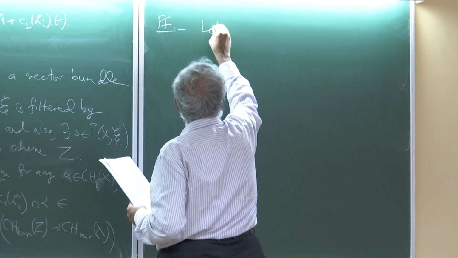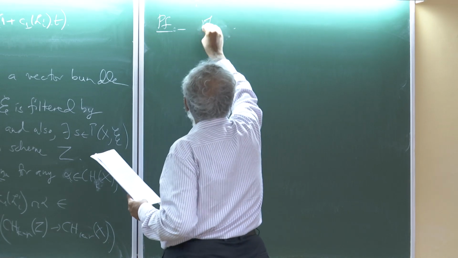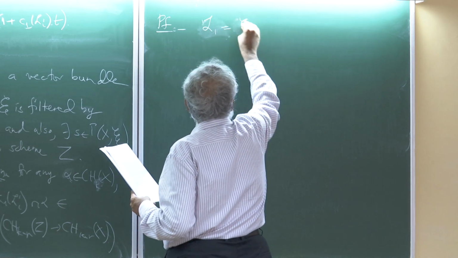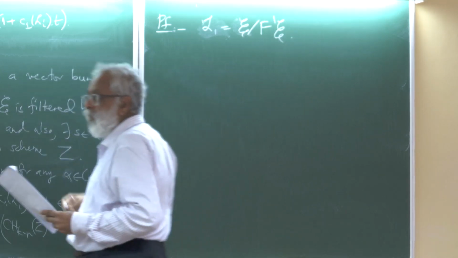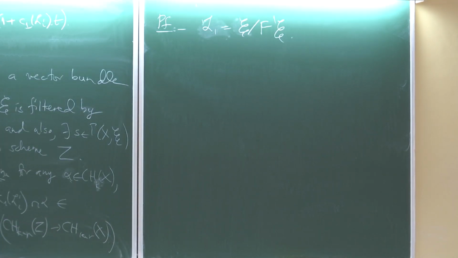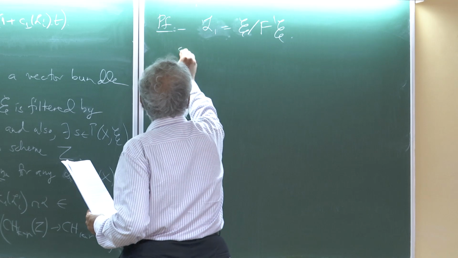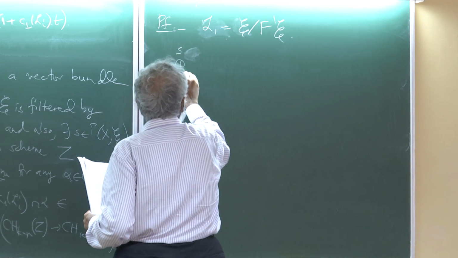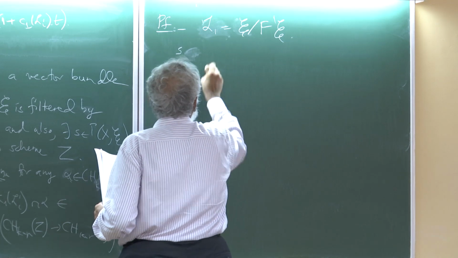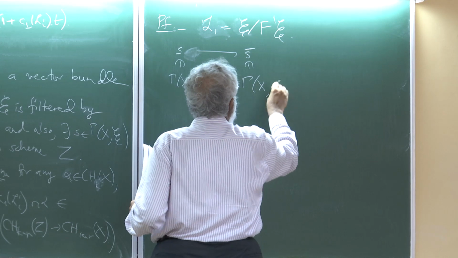So let L1 be E mod F1E. Let's take the lowermost quotient and call it L1. If I have a global section of E, so S belongs to gamma X of E, it maps to say S bar in gamma X of L1.